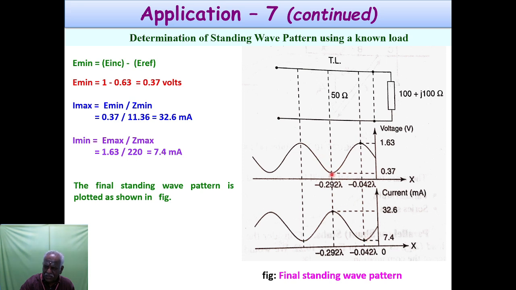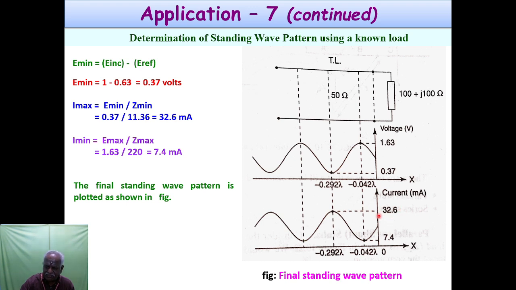Similarly, voltage minimum corresponds to current maximum at that point. So you have to make sure that symmetry is maintained while drawing this standing wave pattern. I minimum is equal to E maximum by Z maximum, 1.63 divided by 220, which is equal to 7.4 milliampere. So you are marking it here. This is the minimum value of current. Maximum value of current is 32.6 milliampere.